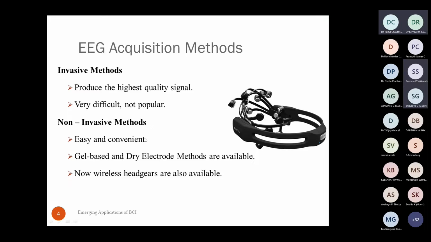Already it is a very low quality signal, and if there is a lot of resistance, the total quality of the signal will be very poor. There are gel-based and dry electrode methods available. In gel-based, they put a salty gel, which provides a proper connection from the electrode to your scalp. And nowadays, this figure is there. This is an Emotiv device from a company.